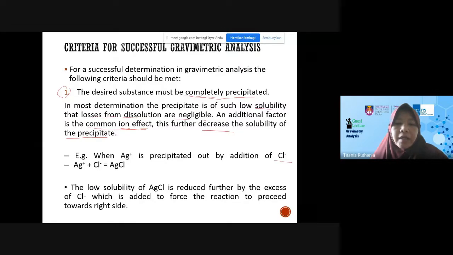And after it formed the AgCl, we also can further add Cl minus, which is the common ion, and it will decrease the solubility of AgCl. And we can force the reaction to proceed towards the right side or towards the product side.